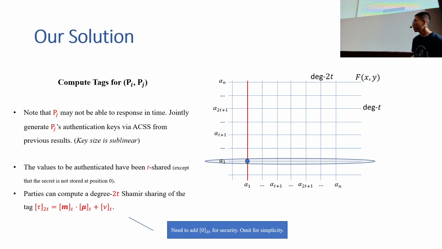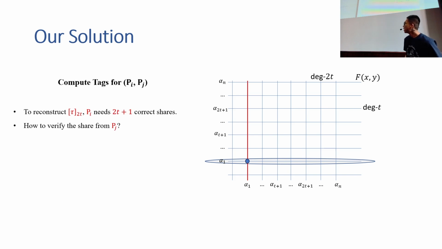By the way, this is just an observation from BFO 12. So with T-sharings of both the keys and the column polynomials you want to authenticate, all the parties can compute a degree 2T sharing of the authentication tag. Here, for simplicity, we omit the issue that if you don't re-randomize this degree 2T sharing, there may be some information leaking.